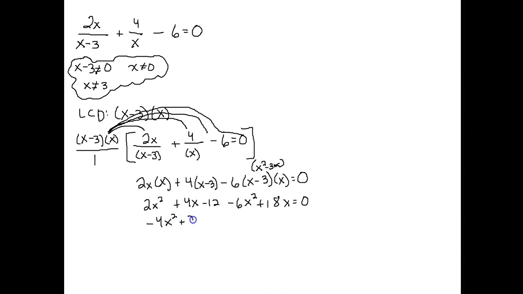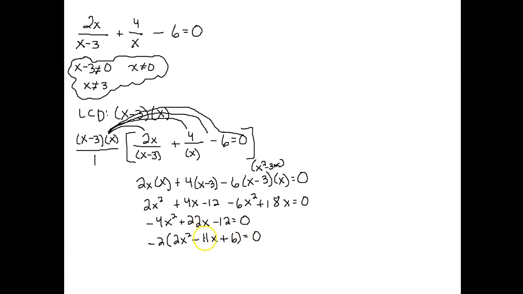You guys have solved a few of those now. Let's see here. I could factor out a -2. I don't know if that's going to help me. I don't know if this is going to be factorable or what. I haven't really looked that closely yet. 2 times 6 is 12. Factors of 12.